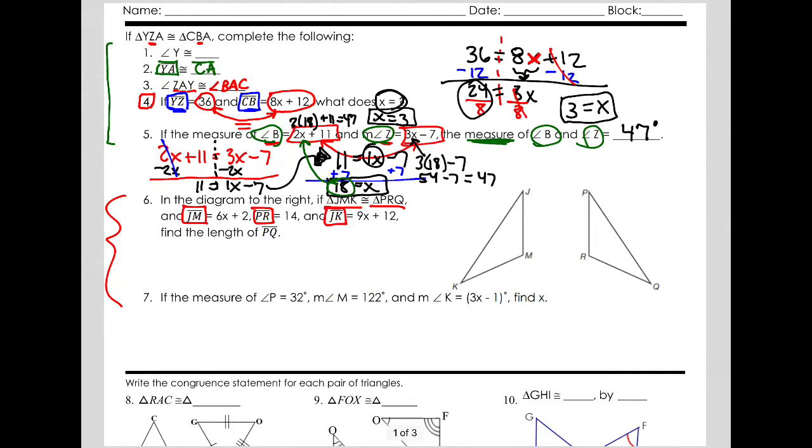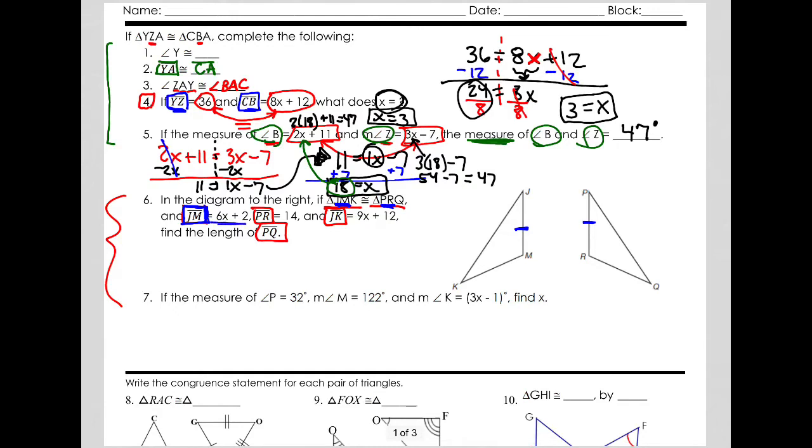So here we have lots of different corresponding sides. So we need to go ahead and match them up, see which ones actually correspond. So JM, we know JM in the picture is here. That side corresponds, well, if we look at the picture or look at the congruent statement, JM is congruent to PR. So those two I could set equal to each other.